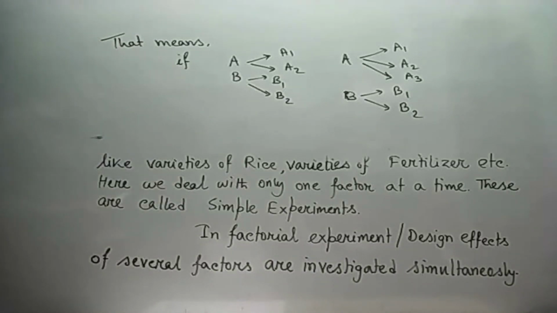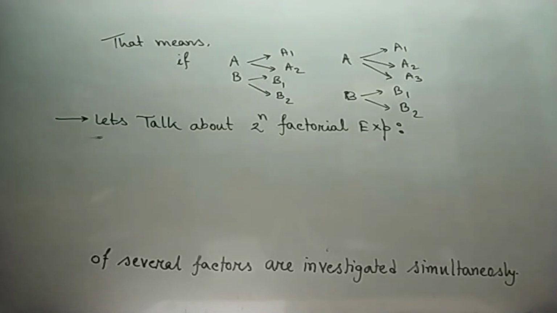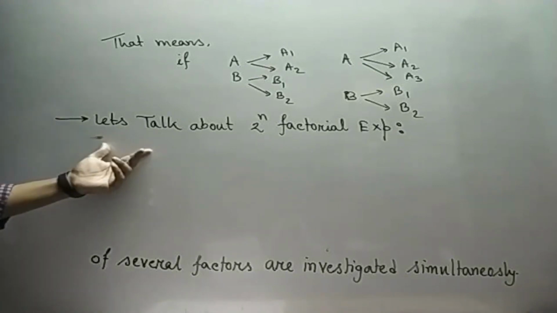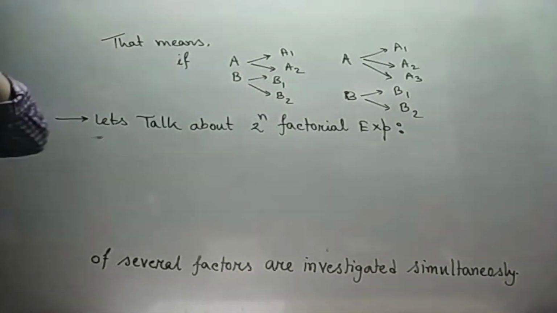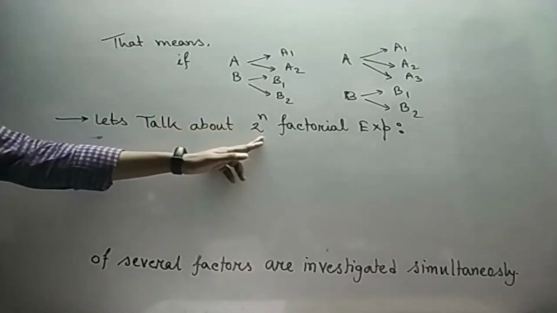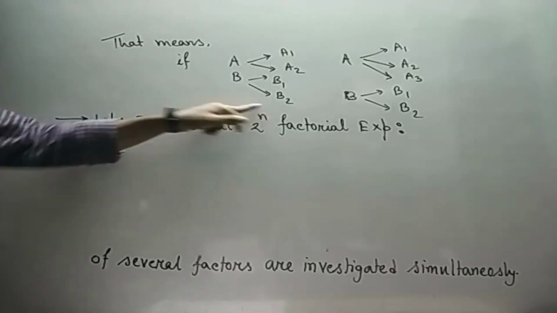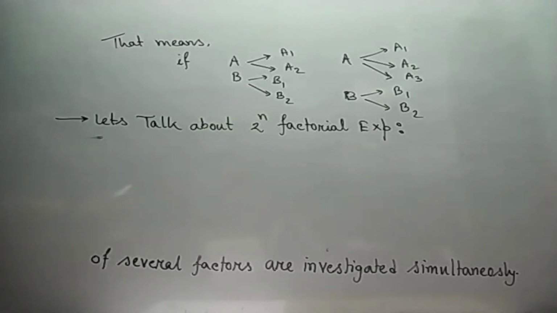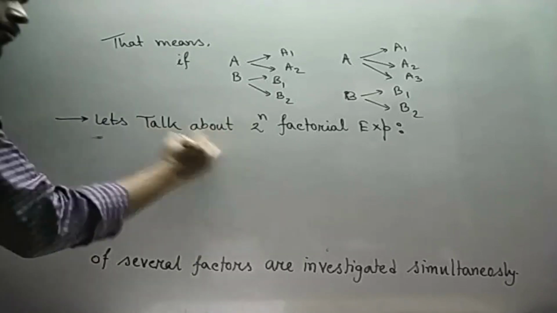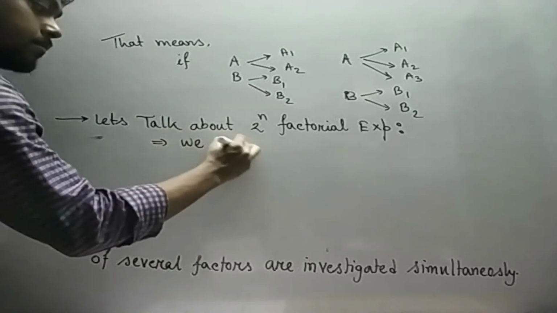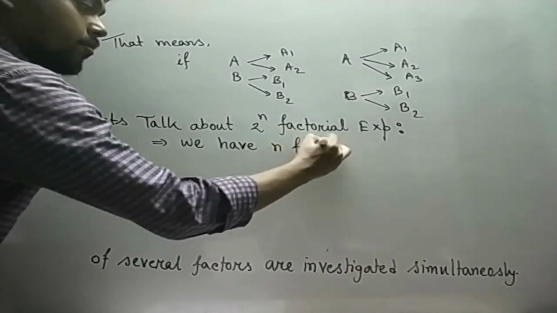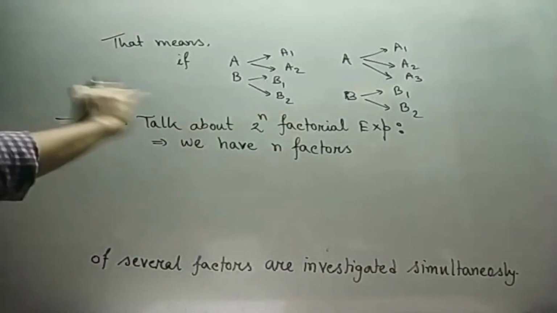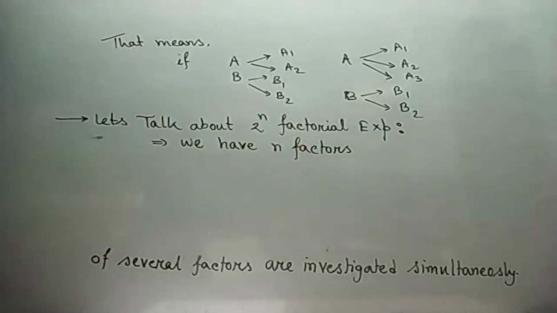So what is a 2 to the power n factorial experiment? It means we have n factors, and each and every factor has two levels. So this implies that we have n factors, which can be denoted by, let's say, A1, A2, ..., An, or you can denote them by any other alphabets also.